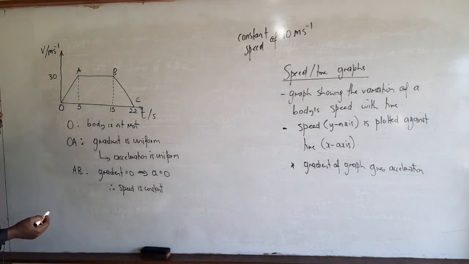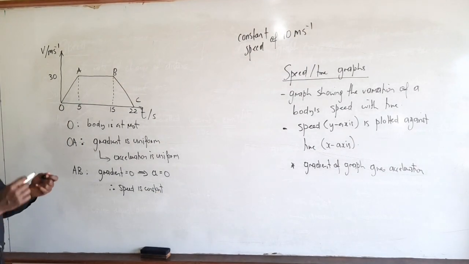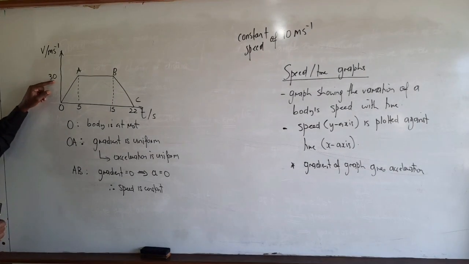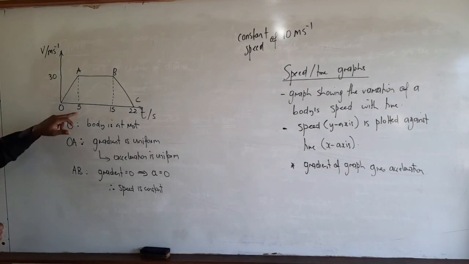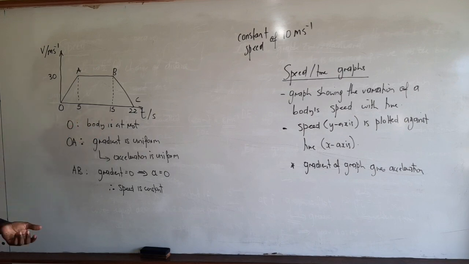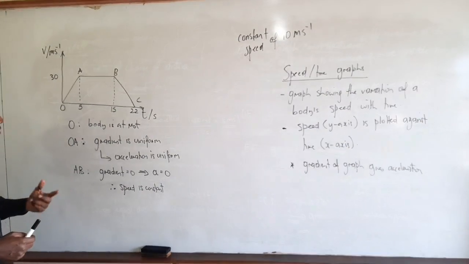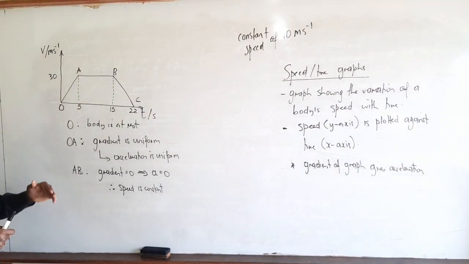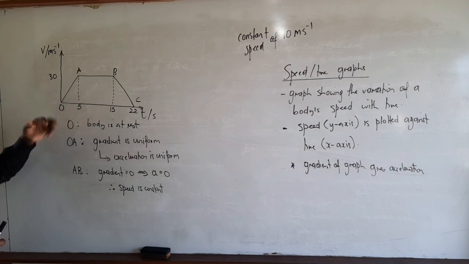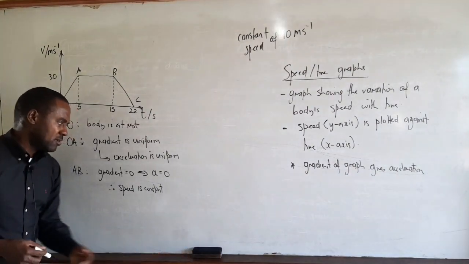So the region AB shows the body moving at a constant speed of 30 meters per second. It does this between 5 and 15 seconds, so for a period of 10 seconds.